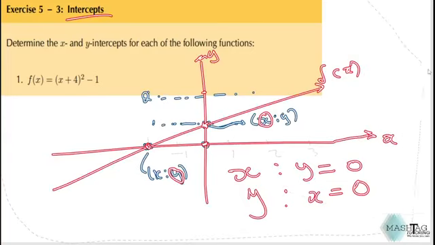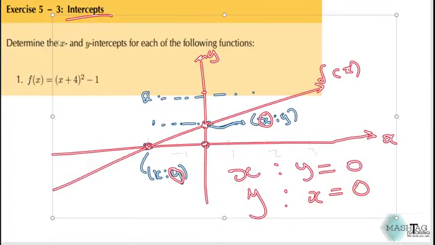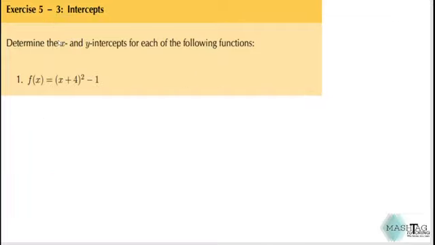So let's move on to the example. If you don't understand any of this, just pause the video or go back in time and go slow as it fits you. Right, so let's move on to example number 1.